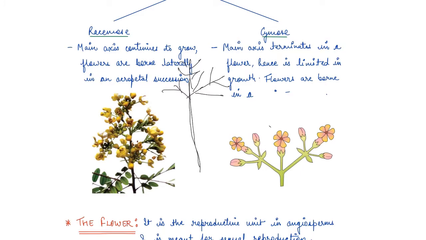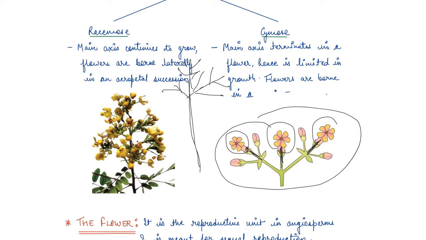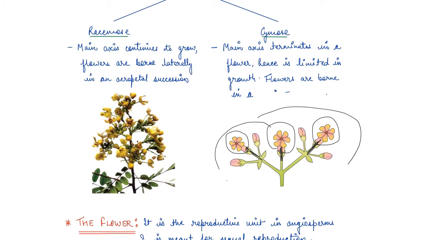So here in this diagram, if you can see, the main axis ends with a flower on it, and that is why the growth is limited here. So basically these two are different kinds of inflorescence, and with this we finish the topic inflorescence. So it is nothing but arrangement of flowers, right?